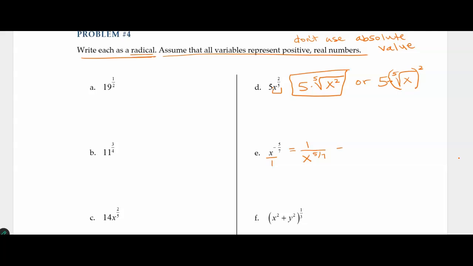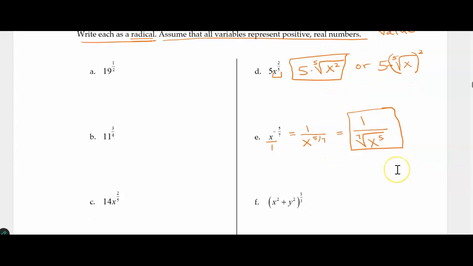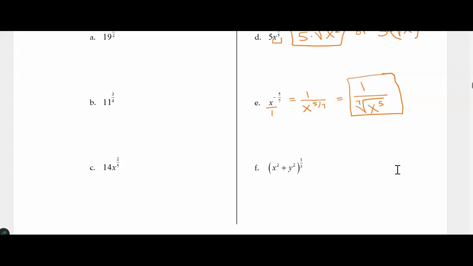So let's keep going and let's write it as a radical. So I have 1 over, and then my denominator is 7, so the 7th root of x to the 5th. So 5 was my numerator. And then I'll leave it like this. It's not telling me to simplify anything, just rewrite these.